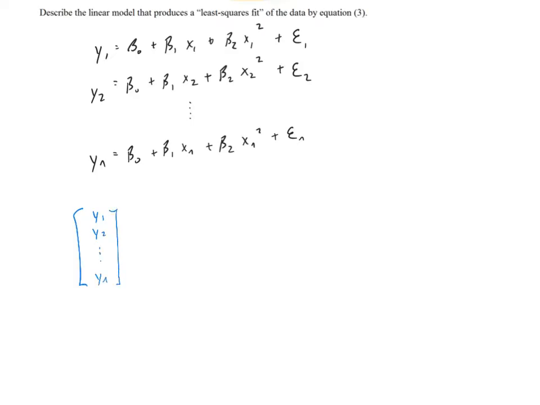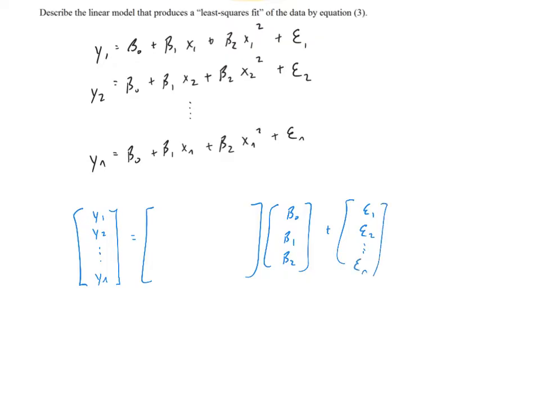That's my observation vector. The design matrix I'll come back to in just a moment, but that gets multiplied by my parameter vector, b0, b1, and b2, and then plus my residual vector, epsilon 1, epsilon 2, dot, dot, dot, epsilon n.